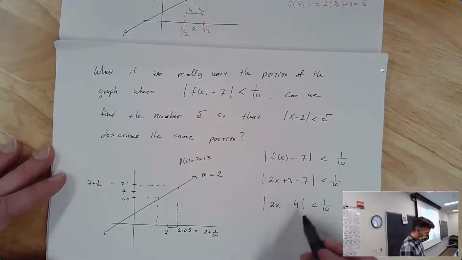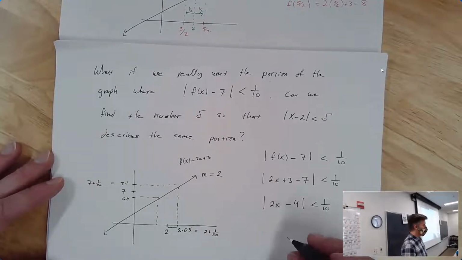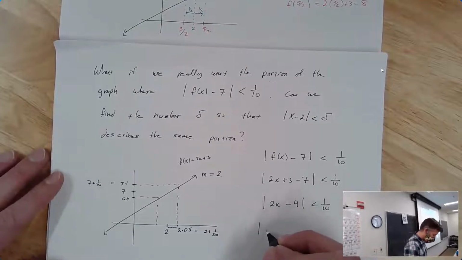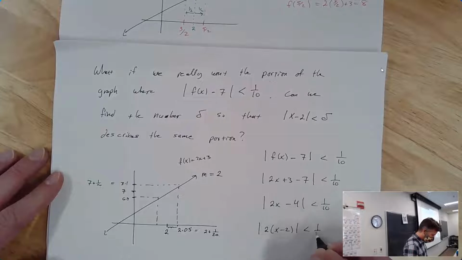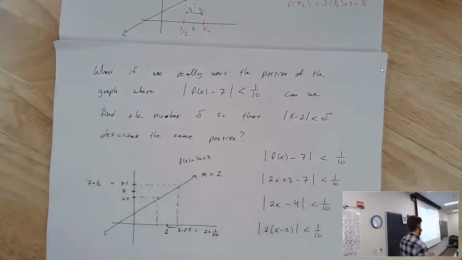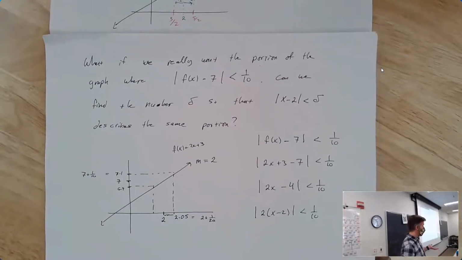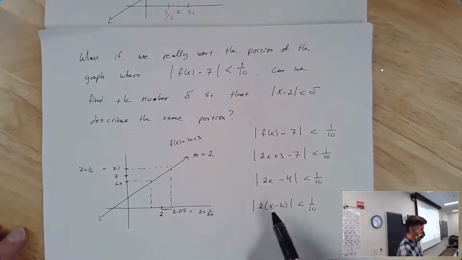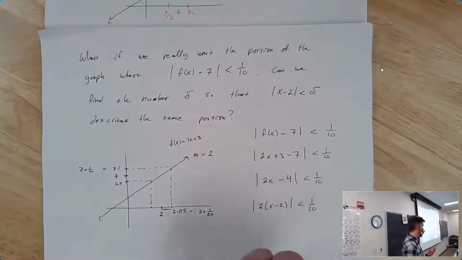And then we're going to factor out the coefficient of x. If it's positive, it's no problem, but I will warn you. I'm going to factor out a 2. And then when you take it out of the absolute value, you have to make it positive. If it's already positive, no big deal. But if this was like a negative 3 times x minus 2, and I brought it out of the absolute value, it would become a positive 3.